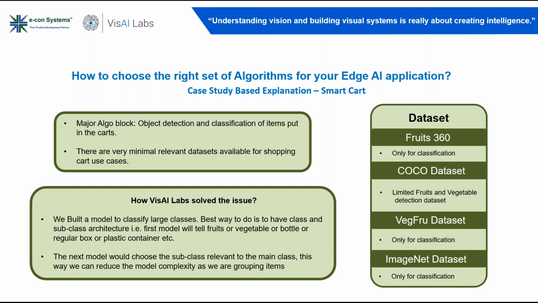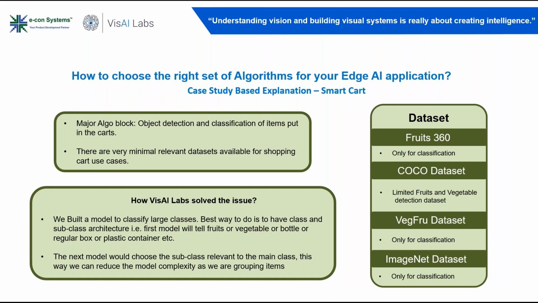Generally a smart cart application will involve thousands to lakhs of different objects that need to be detected and classified. In a retail space, things can vary from fruits and vegetables to goods that are used by retail customers.